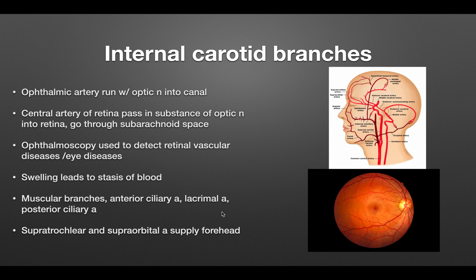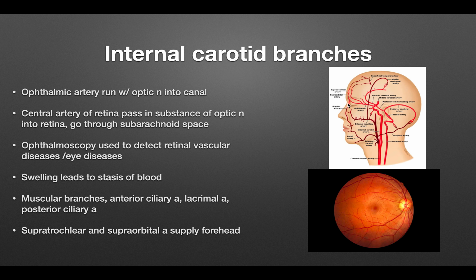And they have a bunch of branches too. The other branches, the superior and supraorbital, will supply the forehead. The muscular branches will supply the eyelids, the orbit. Ciliary muscle is a muscle in the eye that helps contract the retina.